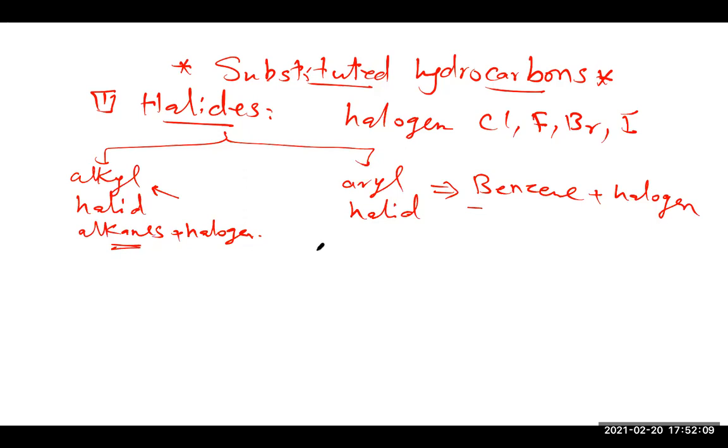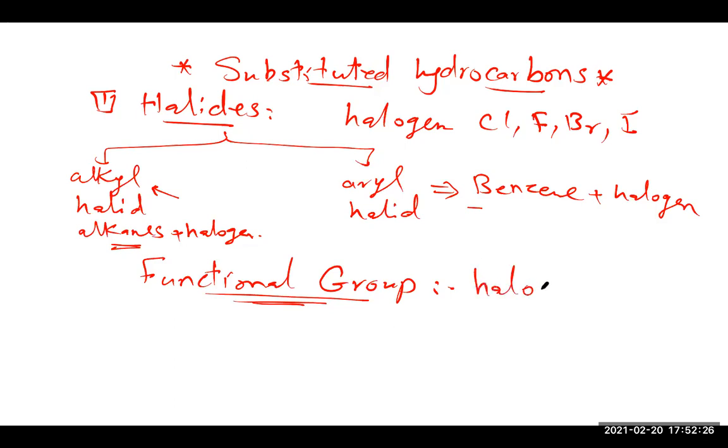The functional group in each one of them: what is the meaning of the functional group? It's the new group that you replaced with the hydrogen in this compound, and the new group will be the halogen. And we will give it X. So it will be represented by X. So this will be the new group, which is the functional group here.